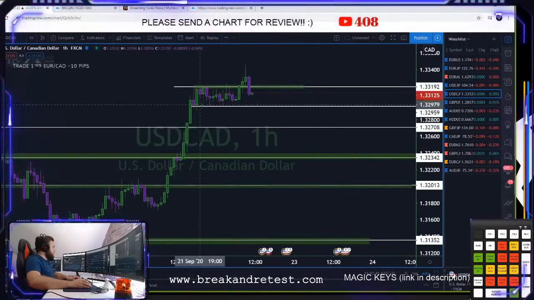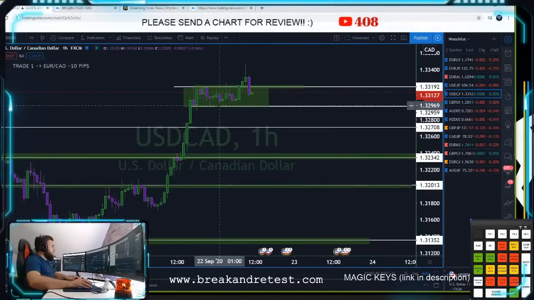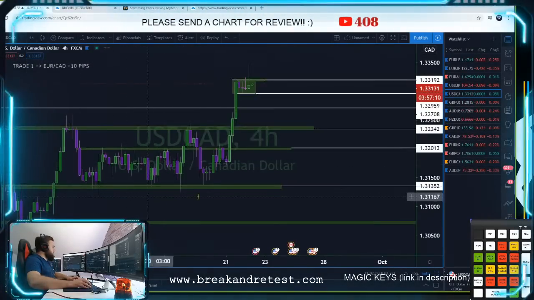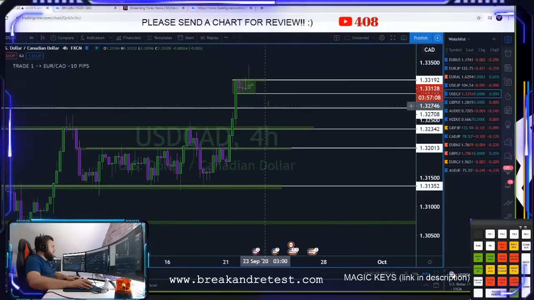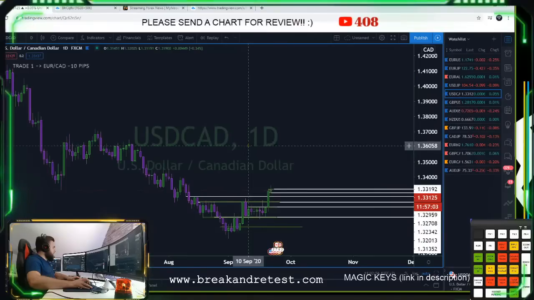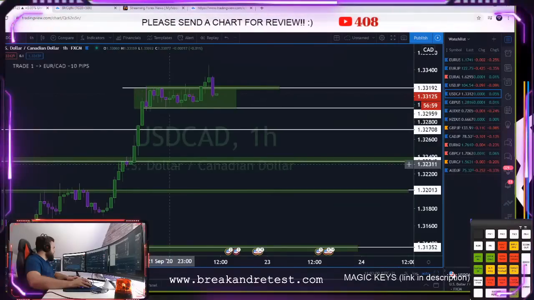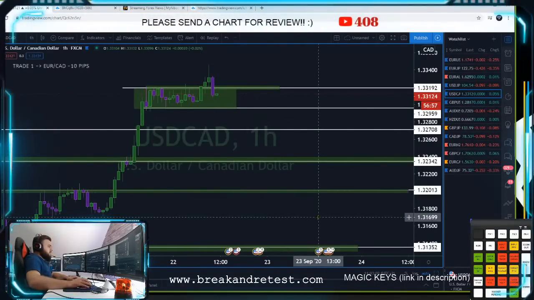It's just a consolidation box, and I don't want to trade in between this consolidation box unless it breaks above or below. Above, it can only be a 4 hour break that would make this valid, and we'll see later on. NZD CHF, I don't trade that pair, so we'll see.